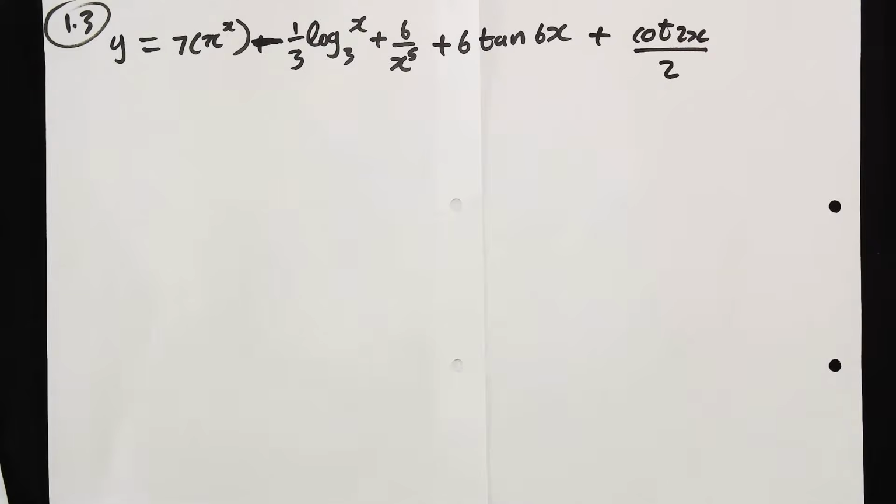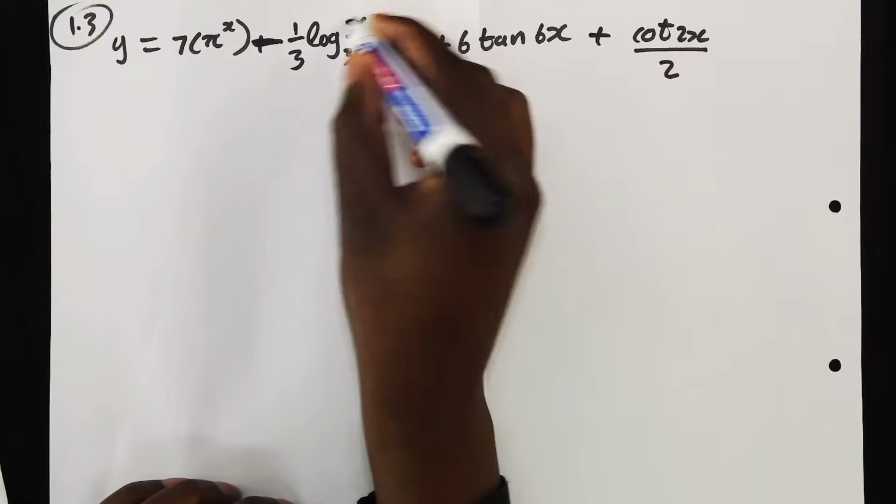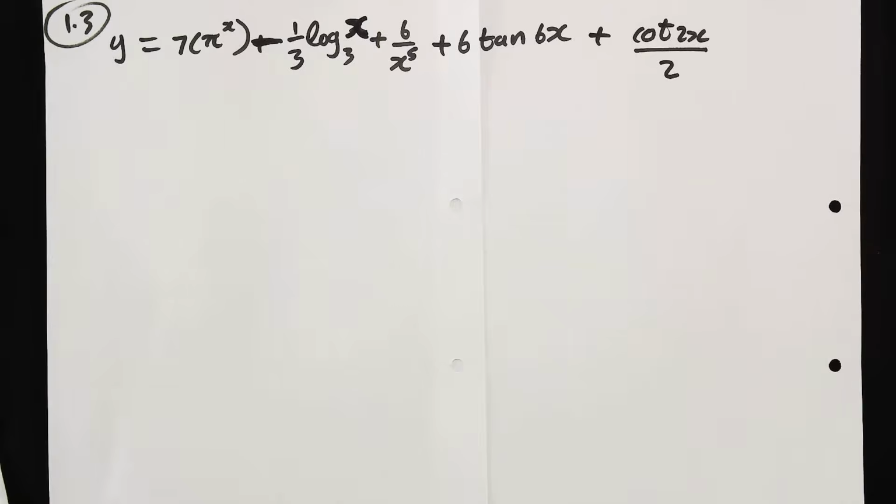So y is equal to 7 pi to the power of x, minus 1 over 3 log x to the base 3. The way I wrote my x, it looks like it's rising. It's not an exponent, it's just x. And then plus 6 over x to the power of 5, plus 6 tan x.